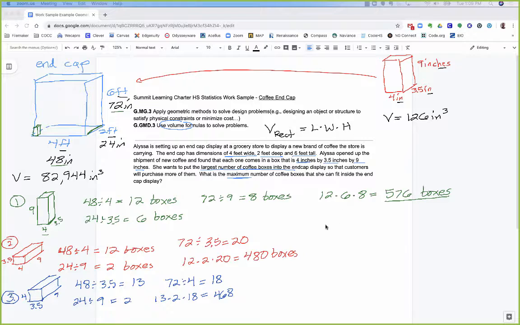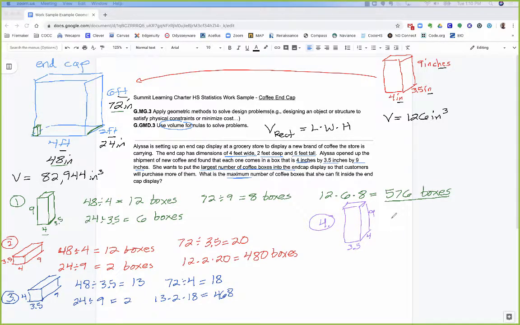Let's go back to tall. And this time we'll keep it tall-wise, but instead of 4 wide and 3.5 deep, let's do it 3.5 wide and 4 deep, but still 9 inches tall. Okay.